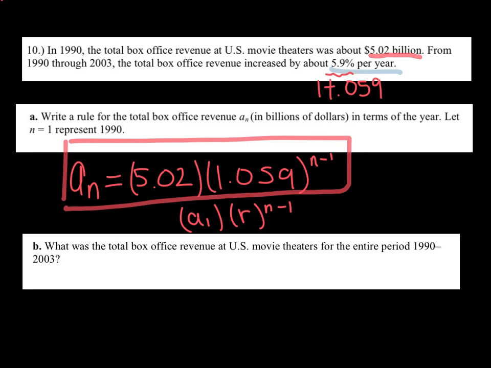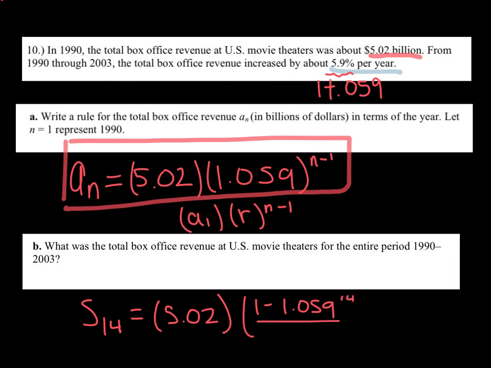So we'll just do S sub n since that's what we've been doing. So the sum for the first 14 terms is going to equal your first term, which is that 5.02, times 1 minus the ratio, so 1.059, to the number of terms we're finding, so 14, over 1 minus 1.059.